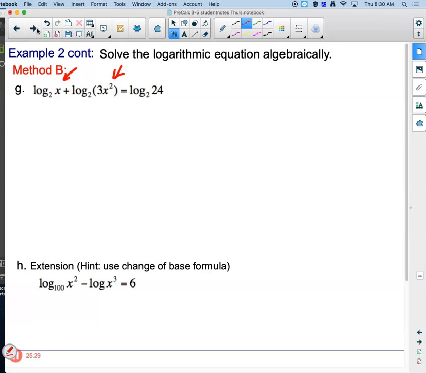So it's possible we could get two real answers out of this. So we want to think about that as we're working through. And the first thing we do is we condense, which means we have to put that left side together. Addition is multiplication.